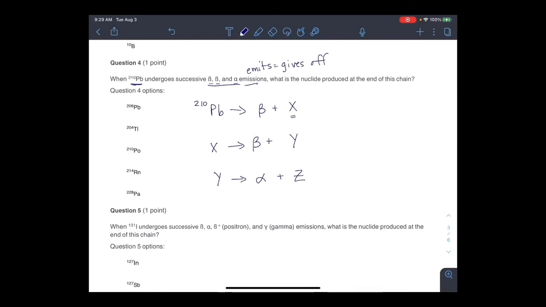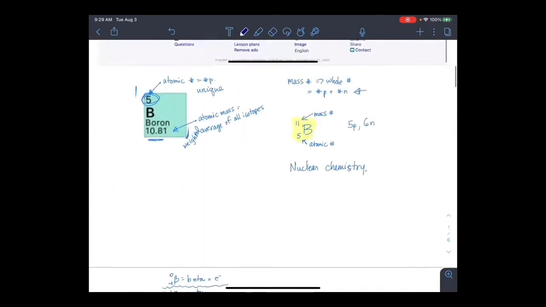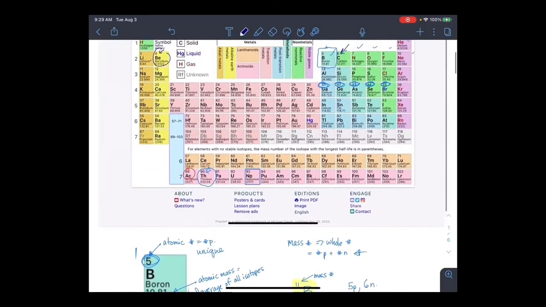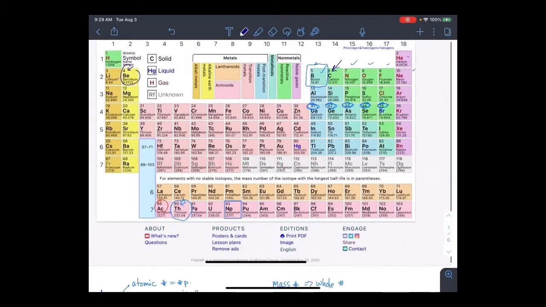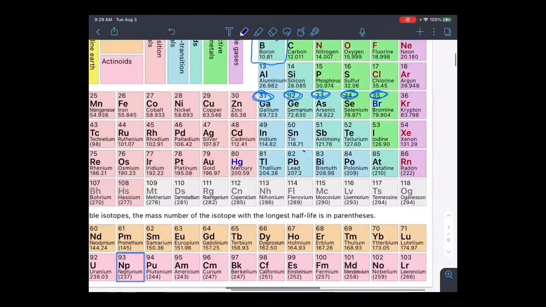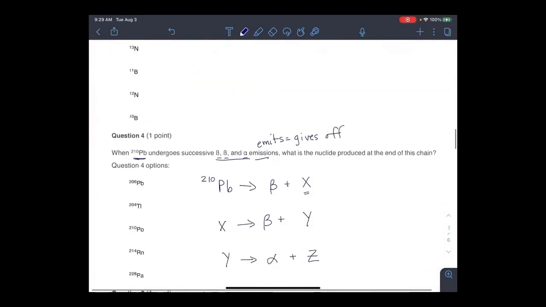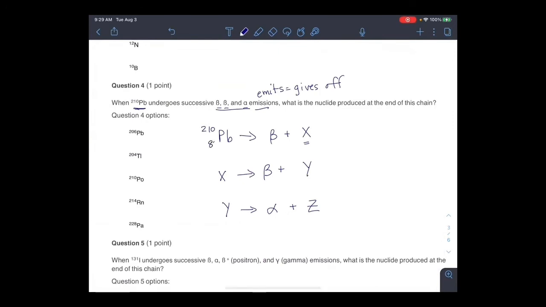So I go up and I look up lead-210. Lead is right here, over here somewhere. There he is. Lead is 82 for his atomic number. All right. So lead 82.